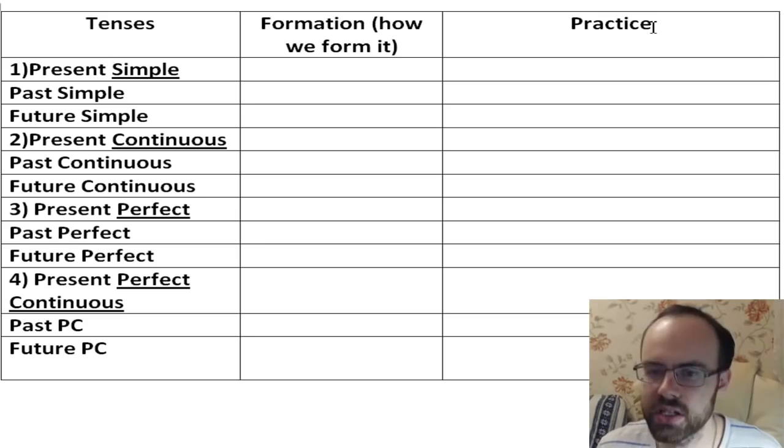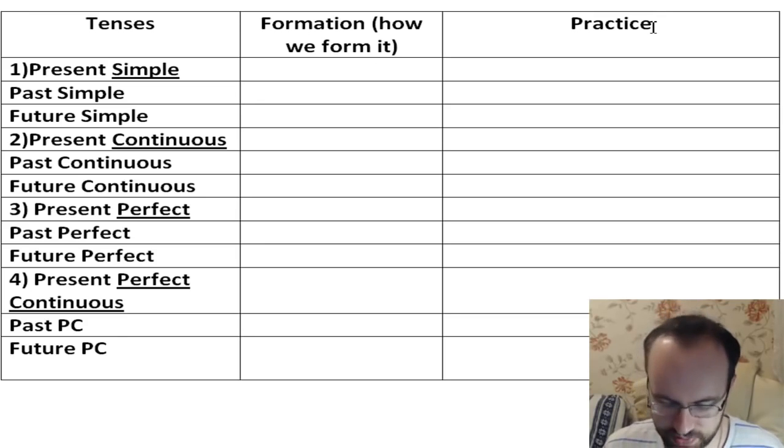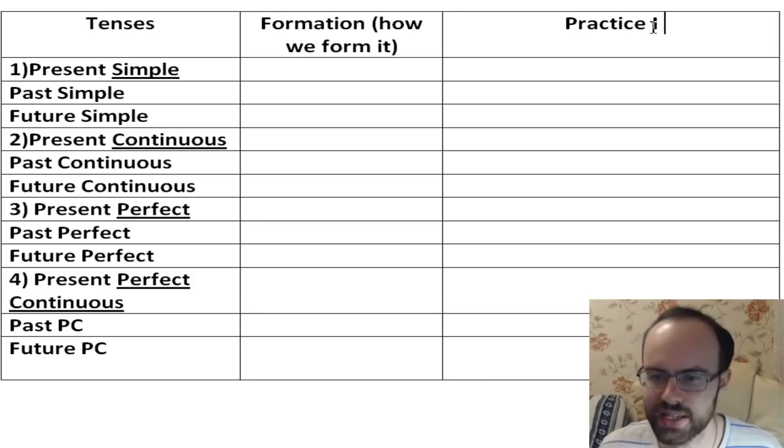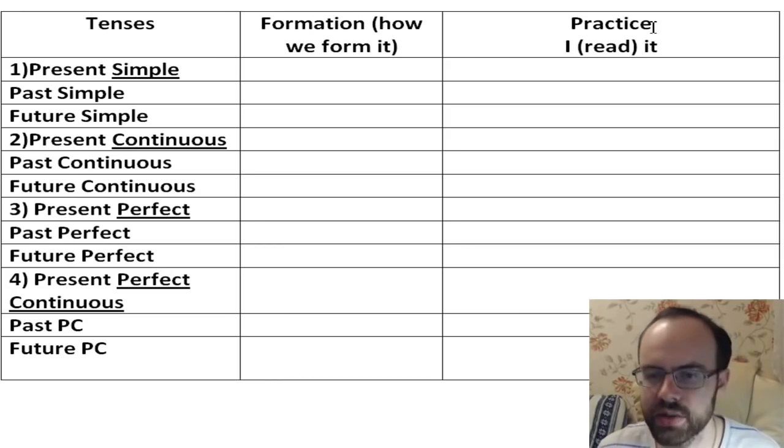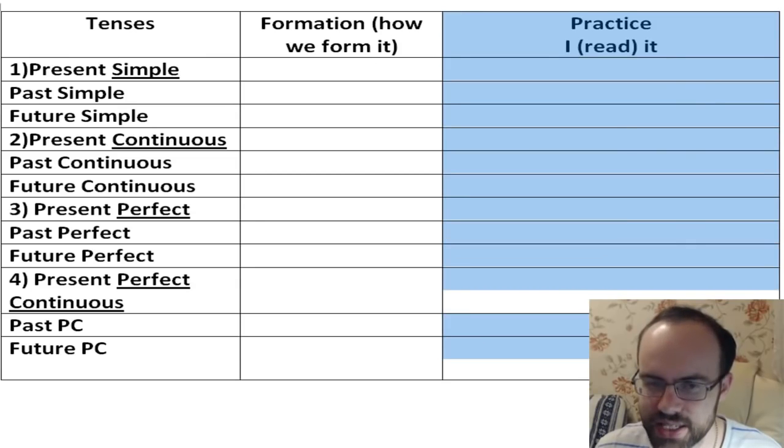The practice is the following: you need to open the brackets. You choose a sentence. For example, let me give you an example: I read it. It's a simple sentence, and you need to say one sentence in 12 tenses.